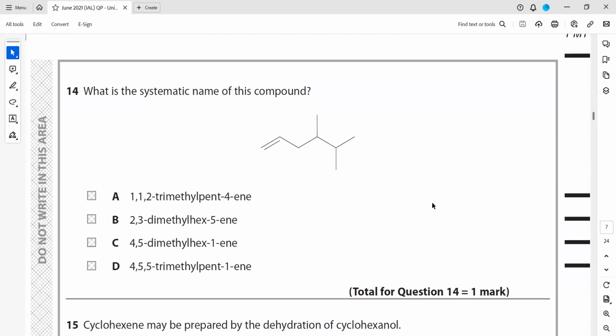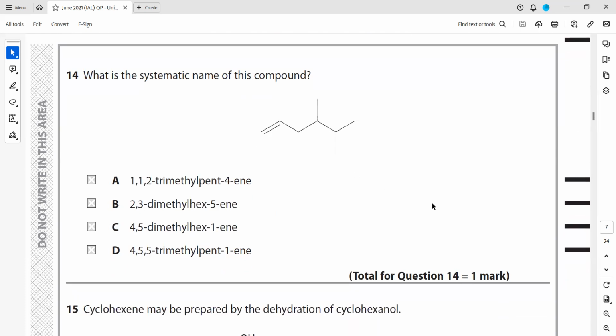What is the systematic name of this compound? Whenever we name organic compounds, we select the longest carbon chain and the numbering should start from the nearest functional group. So we have 1, 2, 3, 4, 5, 6, or 1, 2, 3, or 1, 2, 3, 4, 5. This is the longest carbon chain I have.